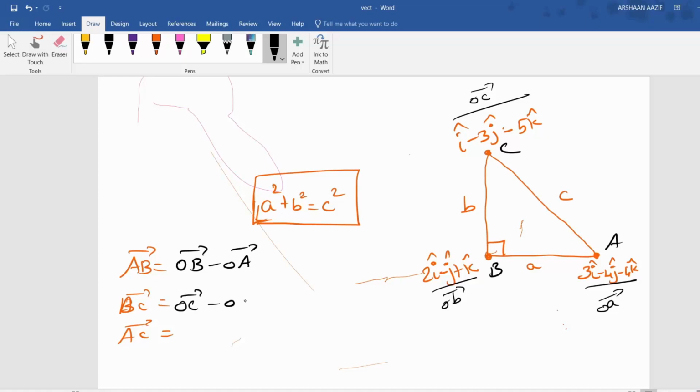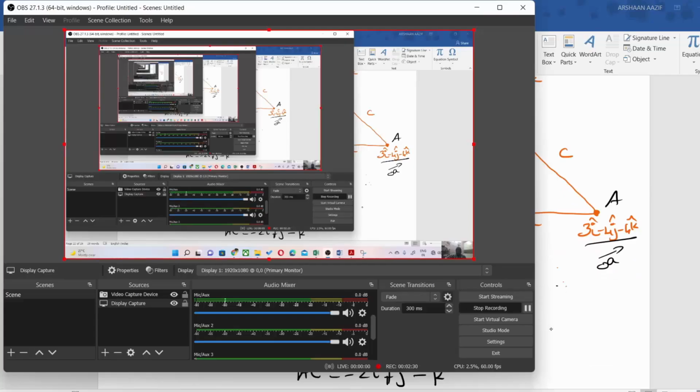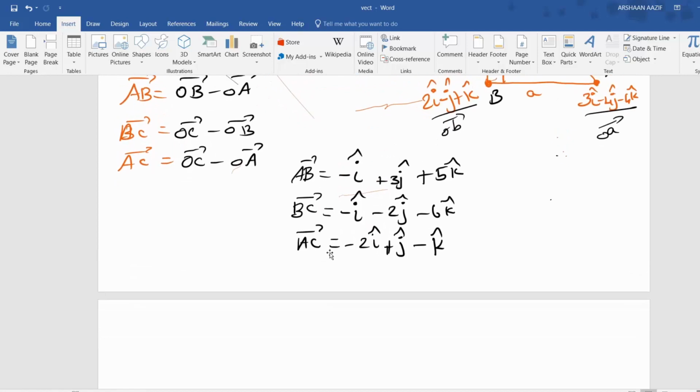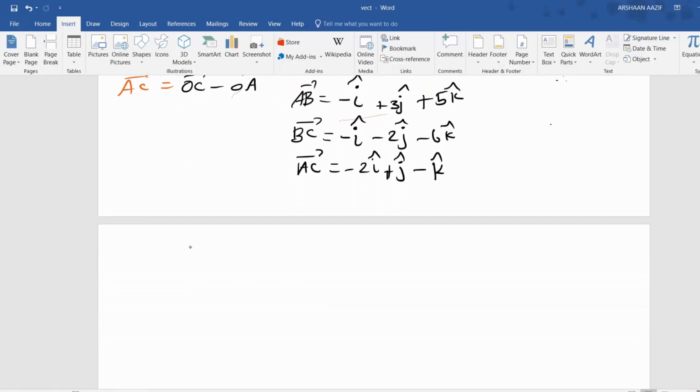OC vector minus OB vector is equal to BC vector. And OC vector minus OA vector is equal to AC vector. By simplifying this, we get these three sides of the triangle: AB, BC and AC. Now I need the magnitude.